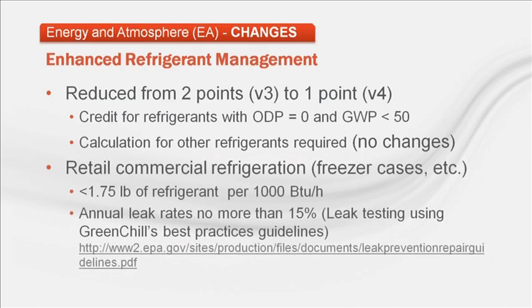Also, LEED v3 presented some issues for retail commercial refrigeration compliance, for example, for grocery or convenience stores with refrigeration cases. So v4 allows present freezer case refrigerants to be used as long as the refrigerant charge is no more than that shown on the slide and the store-wide annual refrigerant emissions are less than 15%.